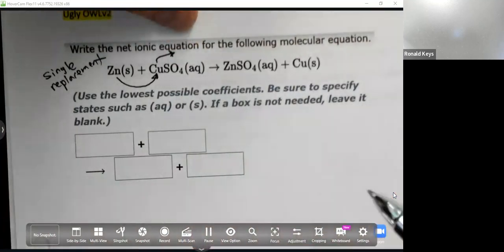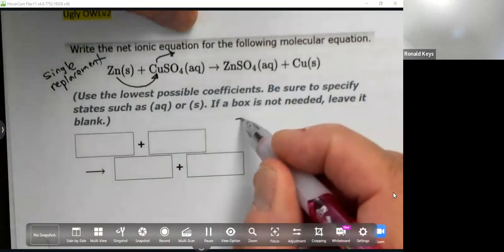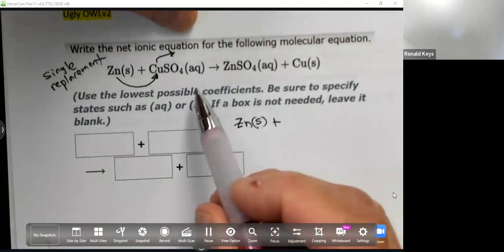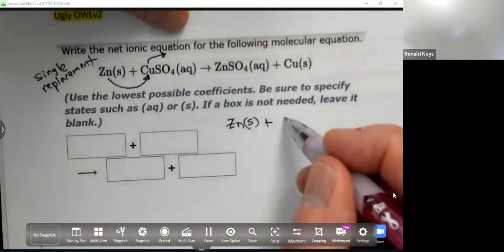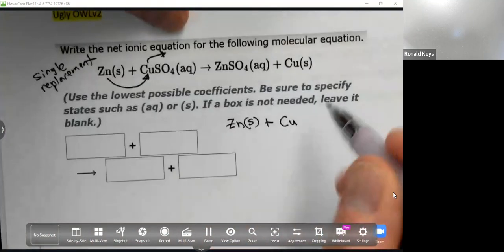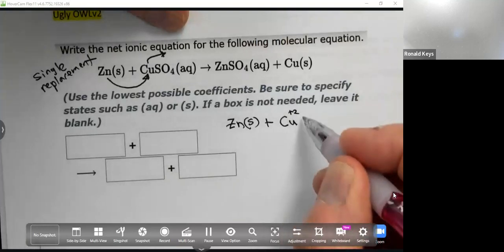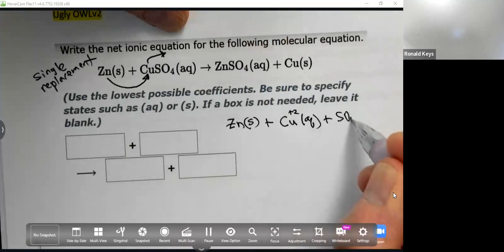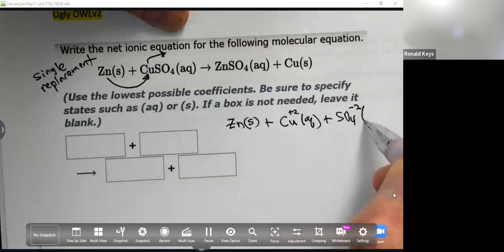So let's see what we've got here. Let's just write it down. We've got zinc solid, it's going to stay together. This is aqueous, so we're going to have copper plus 2 aqueous, and SO4 minus 2 aqueous.